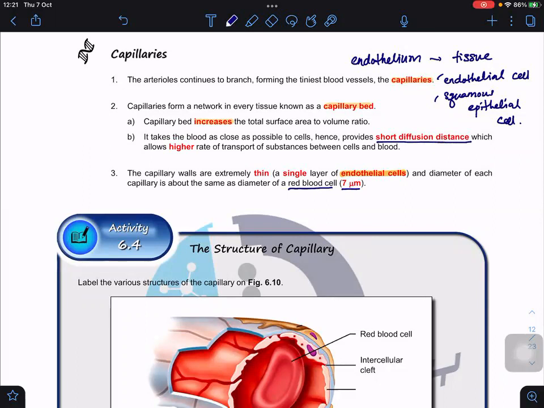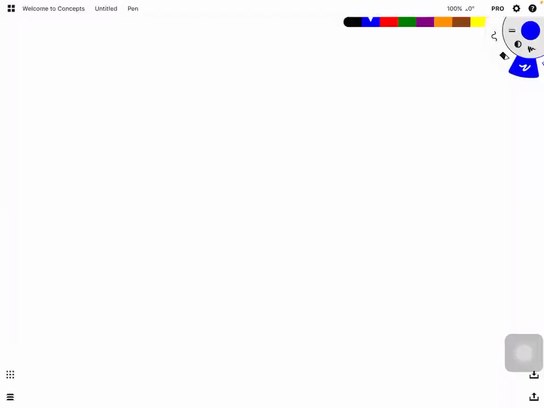Are you clear? Let me draw the structure, then you can see the reason. Why don't we make it large in diameter? Now, let us look at this capillary. We know that the capillary is formed by flat squamous epithelium, so it will be something like this.